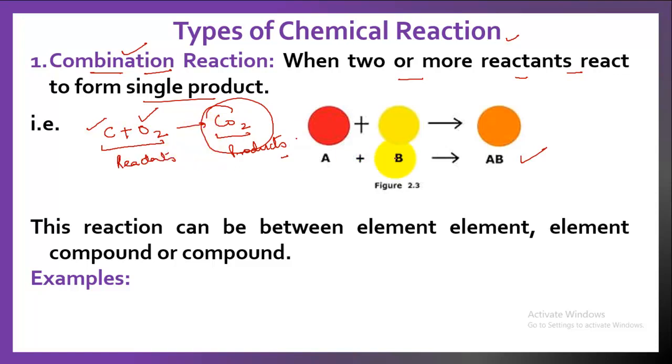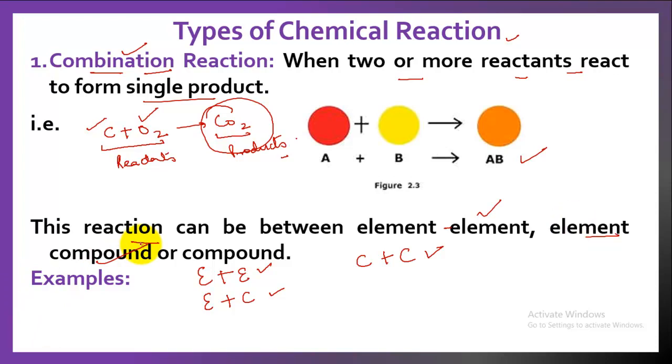Now, this combination reaction can occur between an element and an element, between an element and a compound, or between a compound and a compound. So any combination is possible.